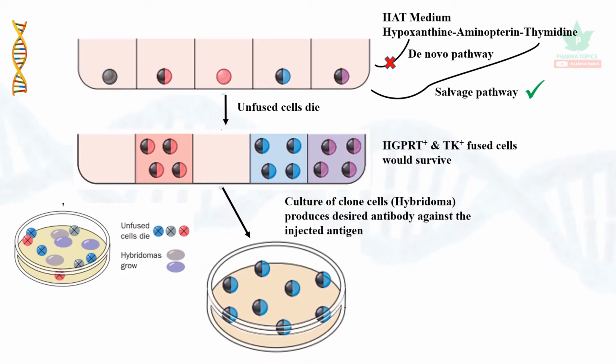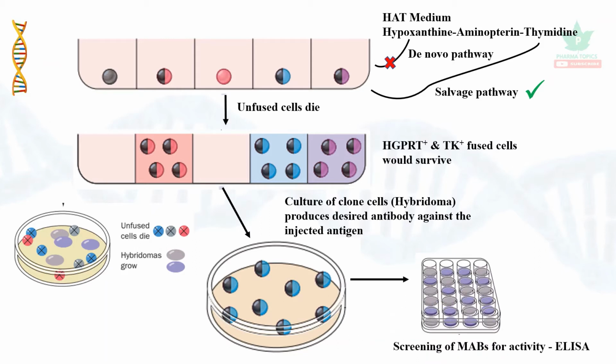The culture of the clone cells is called a hybridoma, which produces the antibody against the injected antigen. Then it will be screened for monoclonal antibody activity with ELISA techniques.